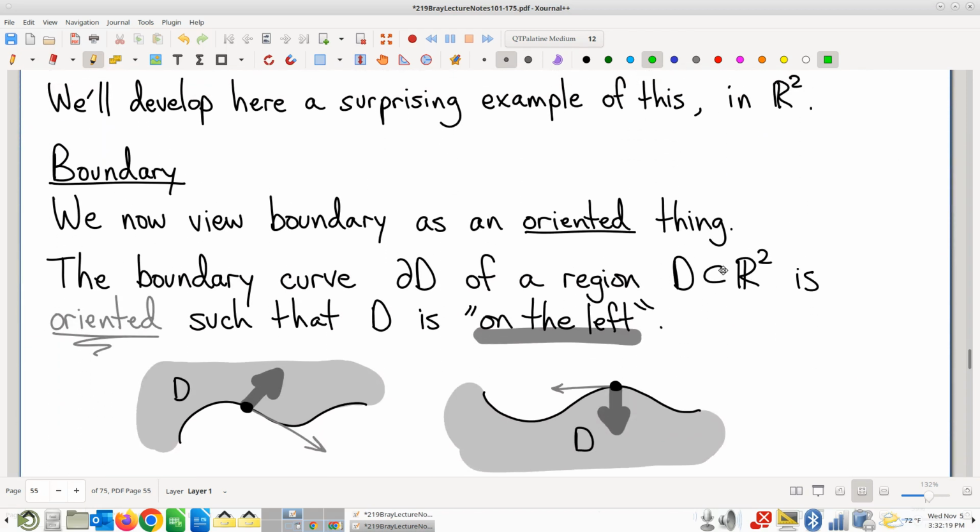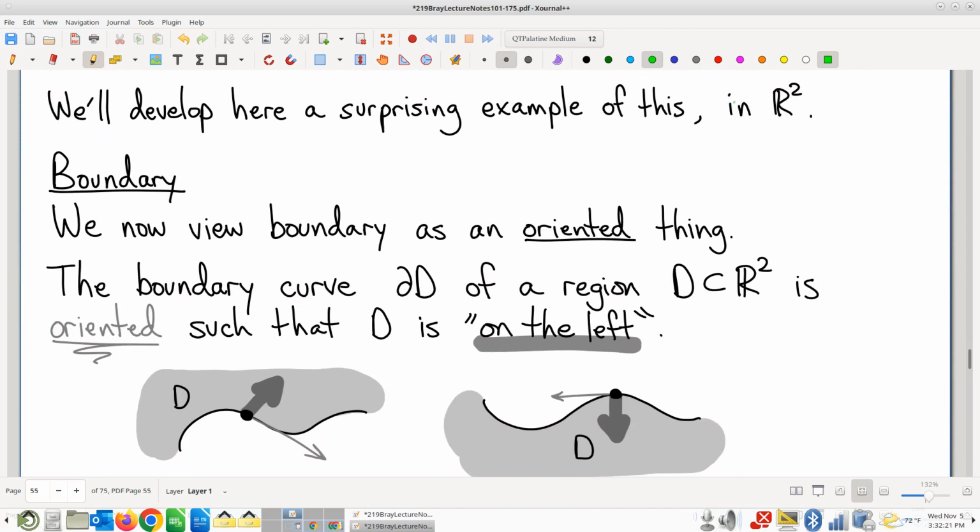Okay, so to get to our first big example in R2, two dimensions, I do have to define a technical point. This is very, very important. It is, however, unfortunately, kind of boring. But we have to worry about a detail about the word boundary. Now, I think y'all are probably previously familiar with the word boundary.